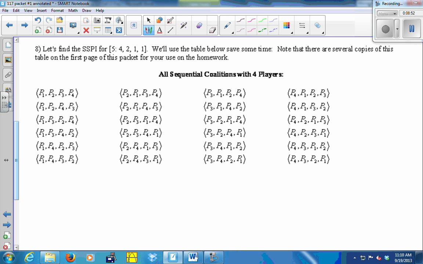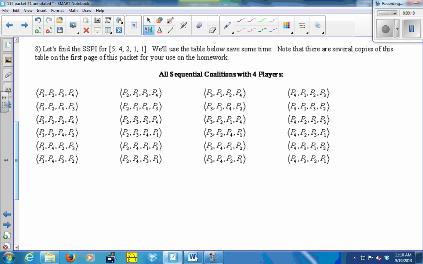All right, so 5, 4, 2, 1, 1. My quota is 5, and I'm going to just read each team. Every team has all 4 players on it. The only thing that's different from team to team is the order. So there are 24 different ways we can put those 4 people in order. The first one is player 1, player 2, player 3, player 4, just the order that they show up in here.